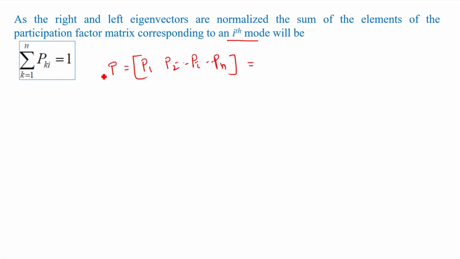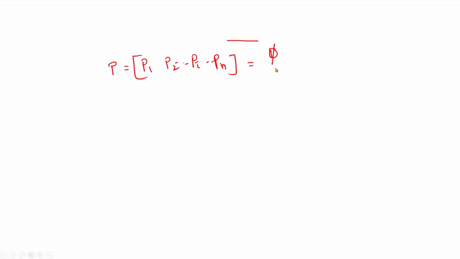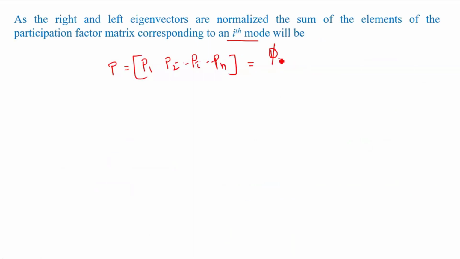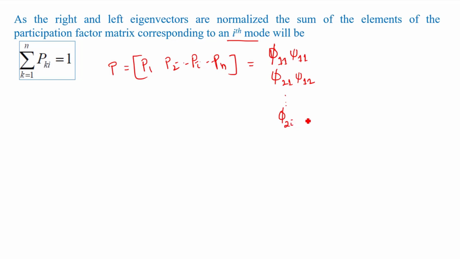If I expand this, it will look like phi 11 psi 11, phi 21 psi 12, up to phi n1 psi 1n, right? This is the first element, the first vector.